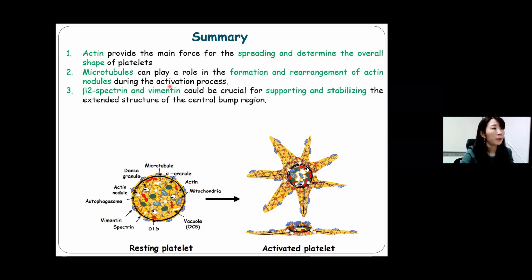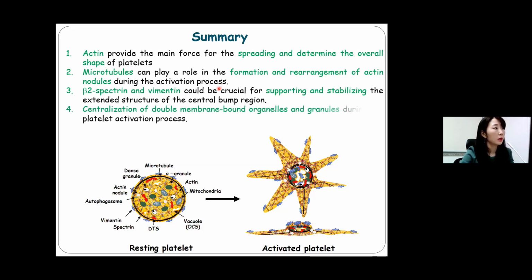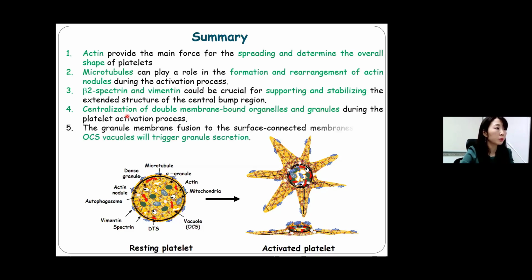And spectrin and Vimentin can support and stabilize the extended structure of the central bump region, in other words, the yolk region of the fried egg. And under this central bump region, we could observe that double membrane bound organelle and granules are centralized. It is because of the granule membrane fusion to the OCS vacuole to trigger granule secretion.